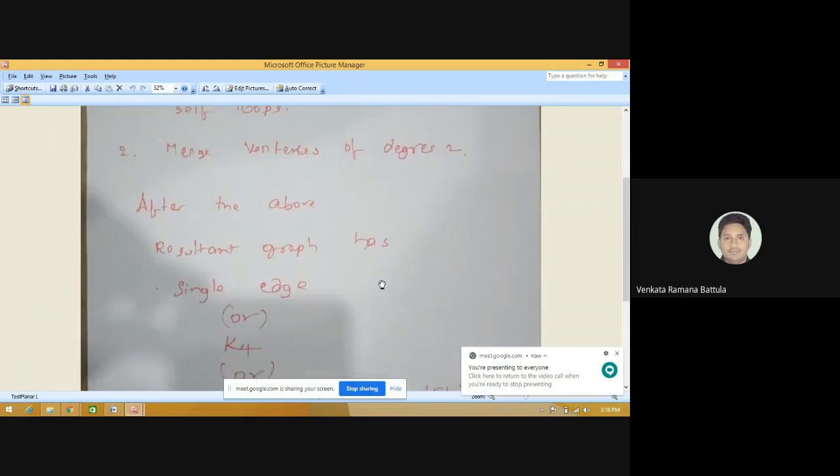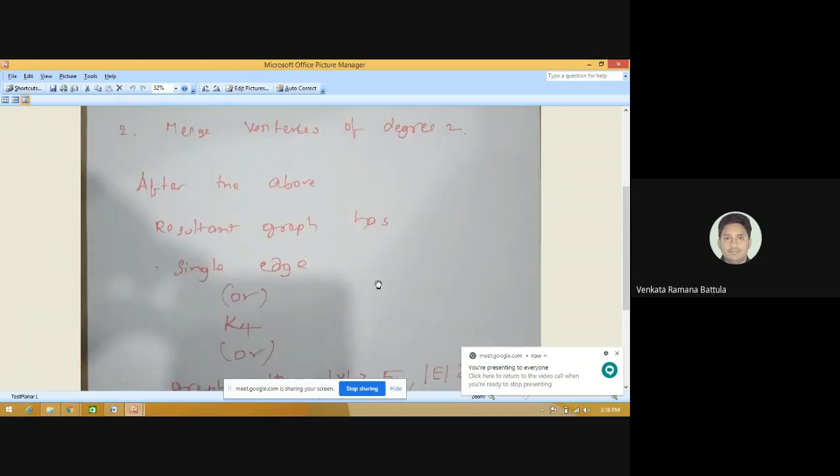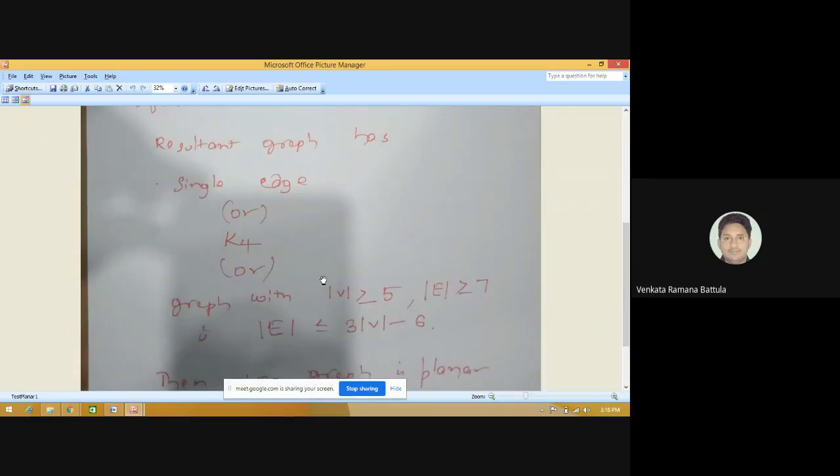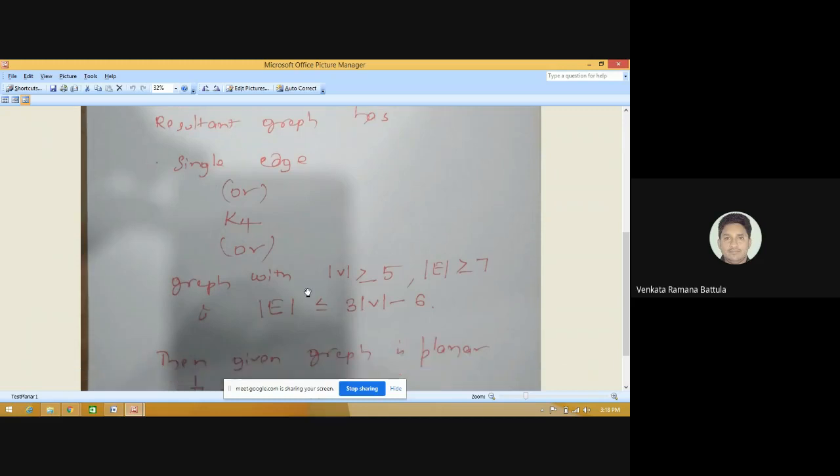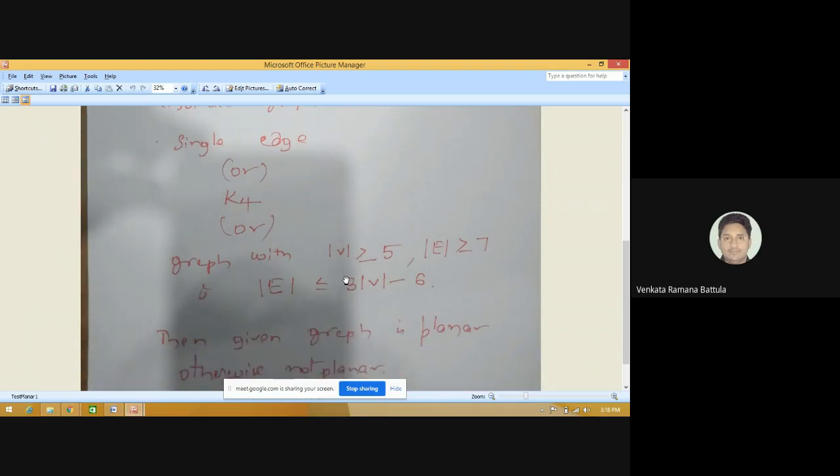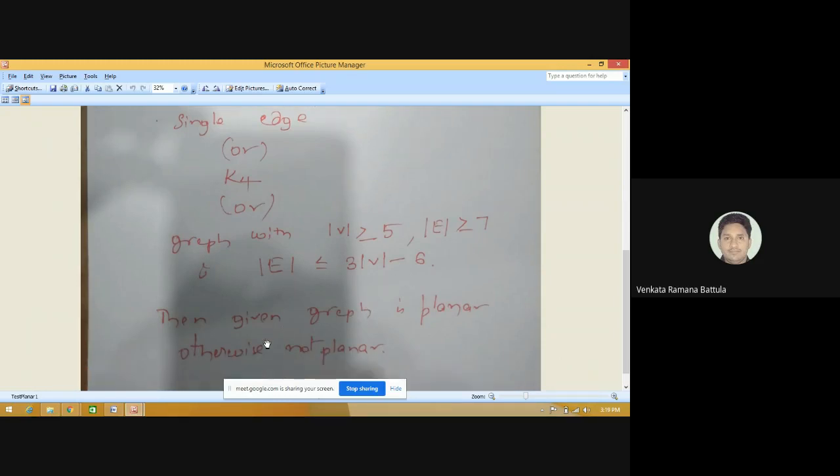Then if the graph has a single edge, or K4, that is a complete graph with 4 vertices, or a graph with greater than or equal to 5 vertices and greater than or equal to 7 edges, and it satisfies E less than or equal to 3V minus 6, then the given graph is planar. Otherwise, it is not planar.